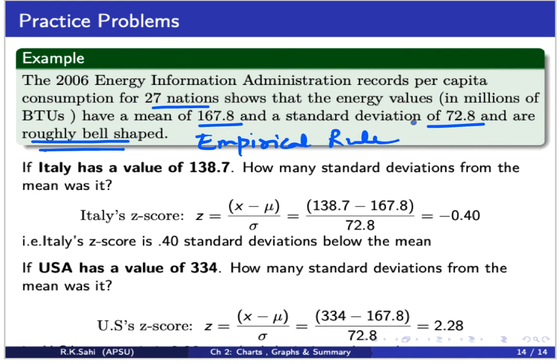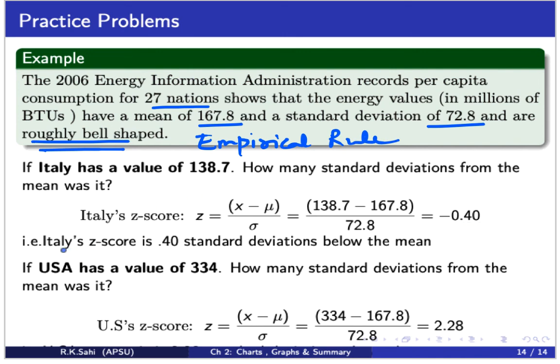Now, if Italy, which is one of the nations that has been picked, has a value of 138.7, we would like to know how many standard deviations from the mean it is. Italy's z is x minus mu over sigma, 138.7 minus 167.8 divided by 72.8, which gives me -0.40.